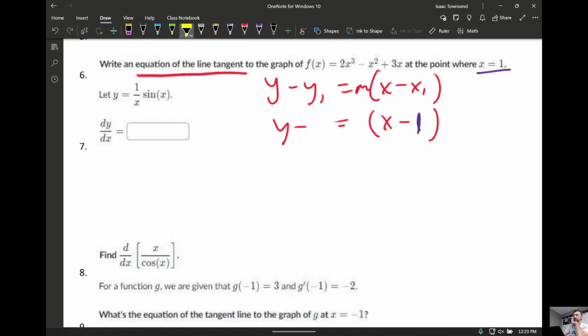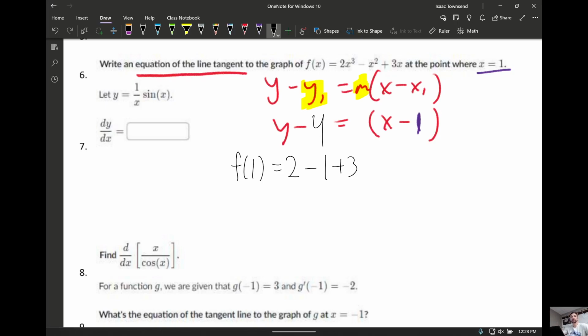You still need to figure out what y1 is and what m has to be before you get that answer. How do we find y1? Very good. Plug x into the function. If you want points, you use the function. And that should be 4.